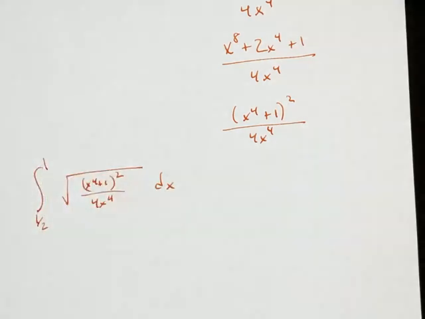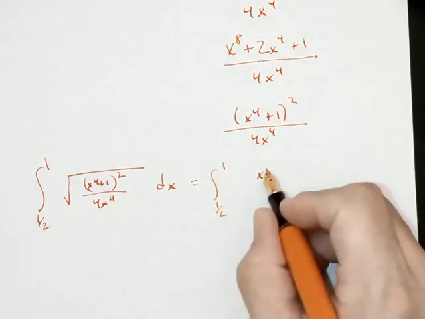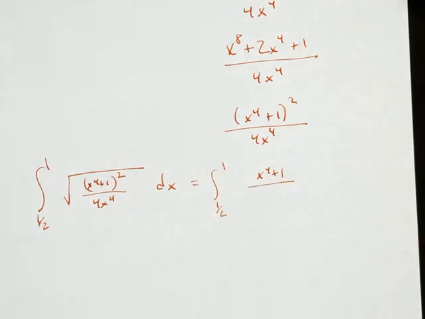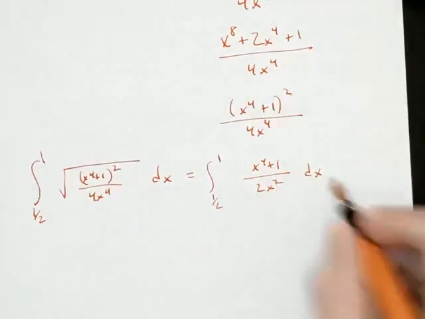But what happens here? I'm taking the square root of a bunch of stuff that's squared. What's the square root of 4? And the square root of x to the 4th? X squared. So the bottom is just 2x squared.